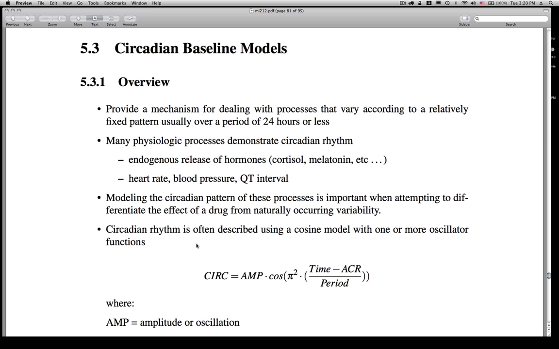But oftentimes we end up picking the model based on some known or assumed mechanism of action. So we might understand where a drug works. For example, if you had an acetylcholinesterase inhibitor, and the response that we're looking at is a muscarinic response or a cholinergic response mediated by acetylcholine.